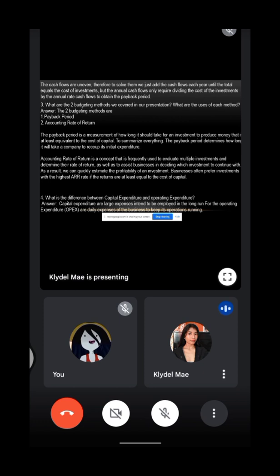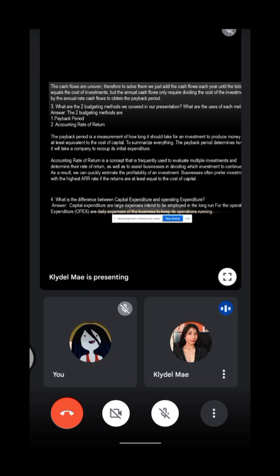To summarize everything, the payback period determines how long it will take the company to recoup its initial expenditure. Accounting rate of return is a concept that is frequently used to evaluate multiple investments and determine the rate of return, as well as to assist businesses in deciding which investment to continue with.